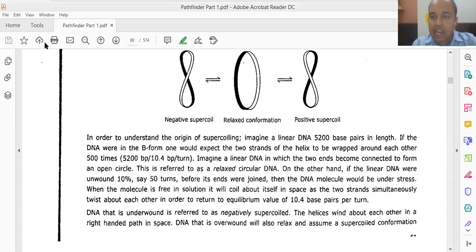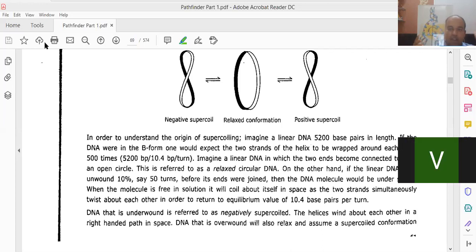You can look at the video part in which I would be visible to you all. Now see, I have brought a DNA for you, and this is the DNA that we would be talking about. If this DNA has 5,200 base pairs in its structure, and in each helix there are 10.4 base pairs per helix, then what would be the standard linking number?